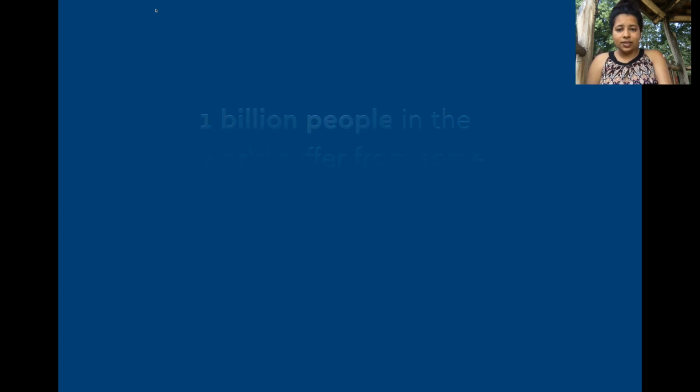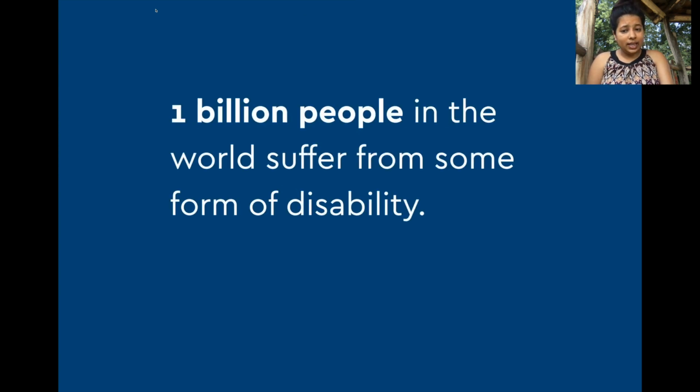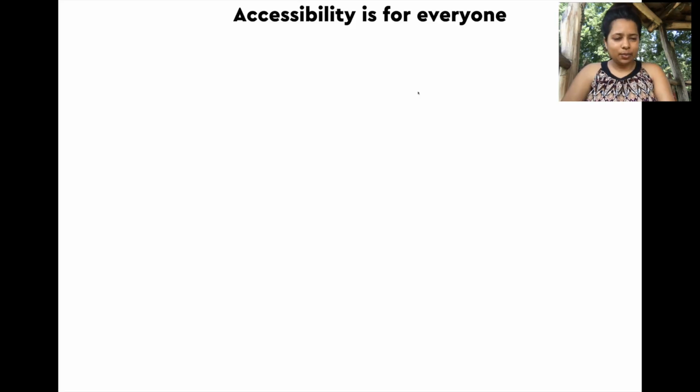The research says 1 billion people in the world suffer from some form of disability, and that has been proven by the World Health Organization. I think accessibility is for everyone and not just for the people who are disabled. Let's understand this topic in detail.